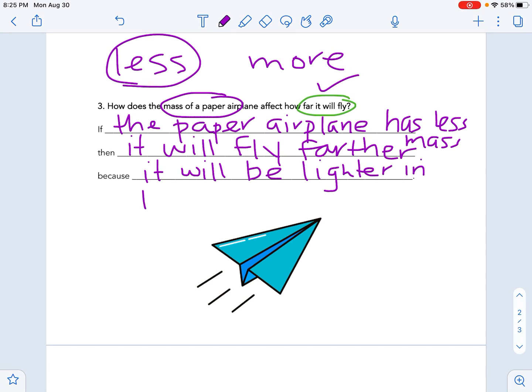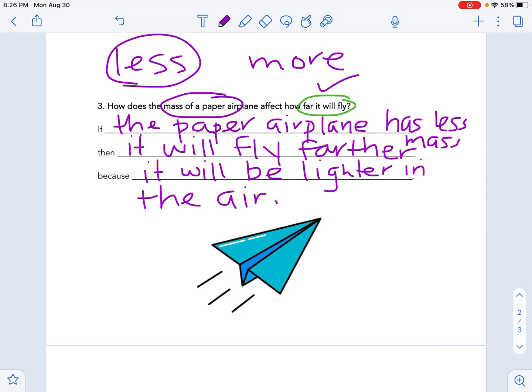in the air. And it could be that I think that it won't crash because it's lighter, or maybe it's going to be more aerodynamic, or maybe I think that the airplane with more mass is going to fly further. And why do I think that?